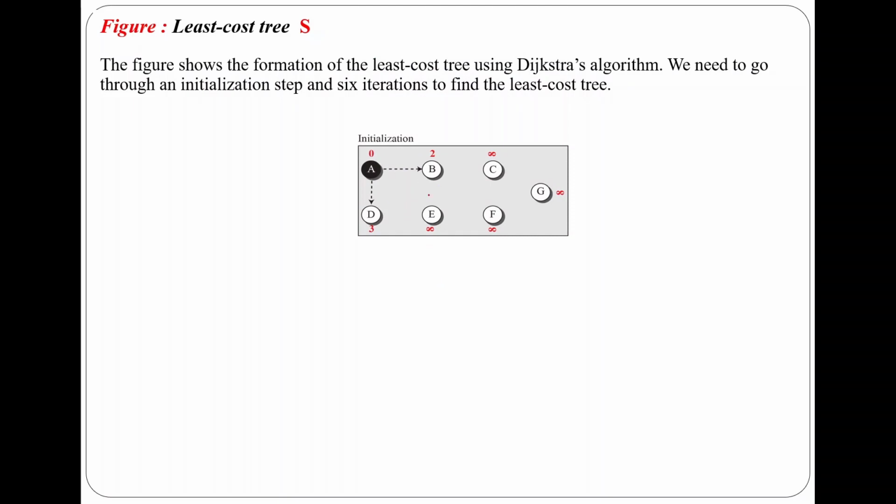You can see this figure. Initially it will be like this. You can see 0, that is node A, with the path costs. From node A to node A, the cost is 0. From node A to B, it is 2. From node A to C, sorry, infinity.